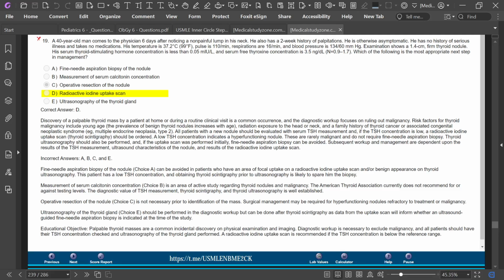Okay, they're saying that either way, you can just end up doing the ultrasound guided biopsy, which will include the ultrasound if it's needed.